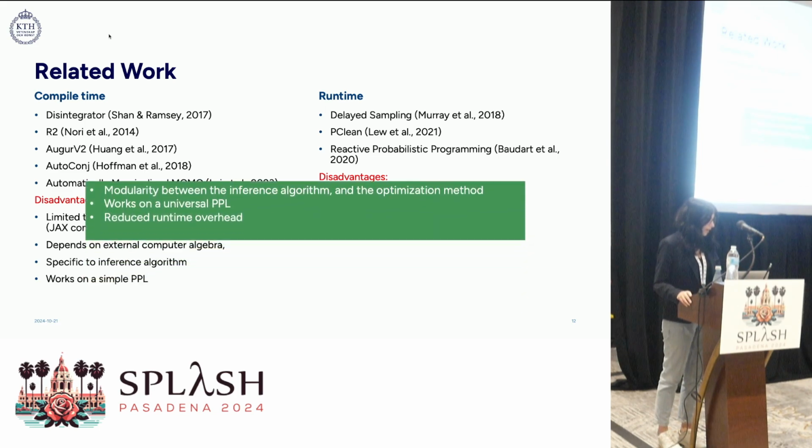So our aim is to provide modularity between inference and the optimization algorithm, so the inference doesn't have to change its method for our optimization. The second is that it works on universal PPLs, and the third is that we reduce the runtime overhead by doing this at compile time.